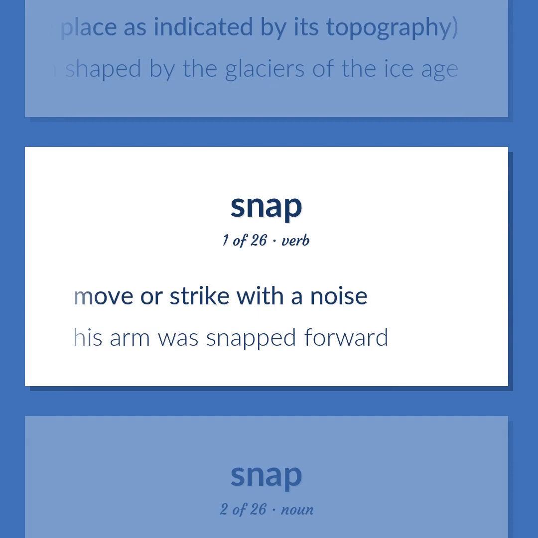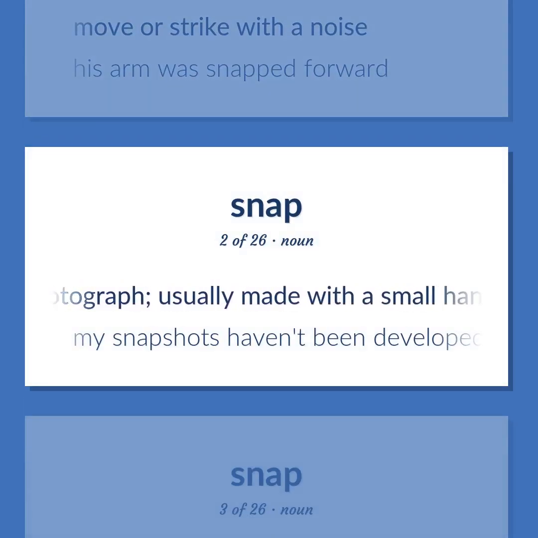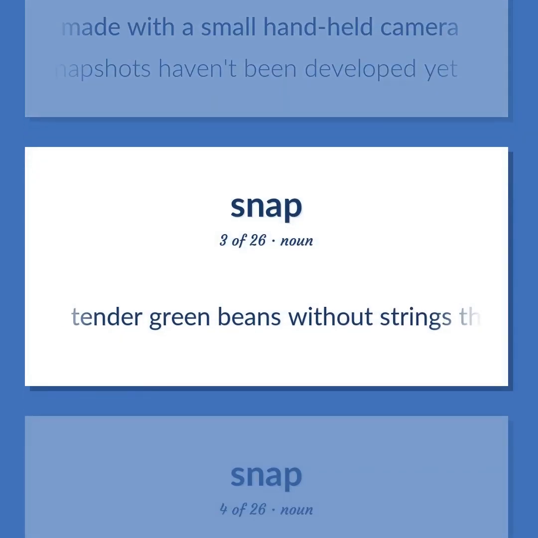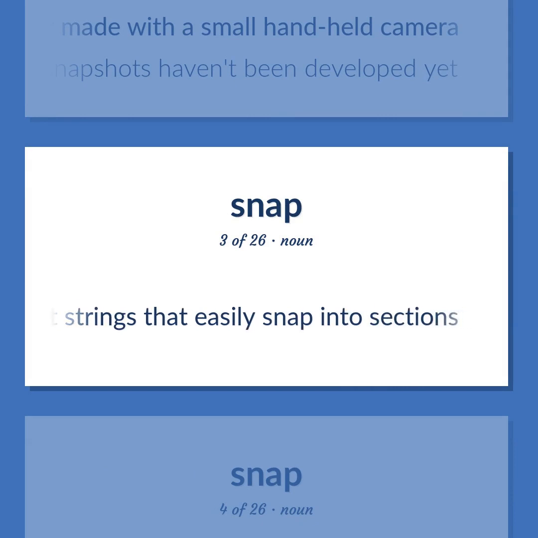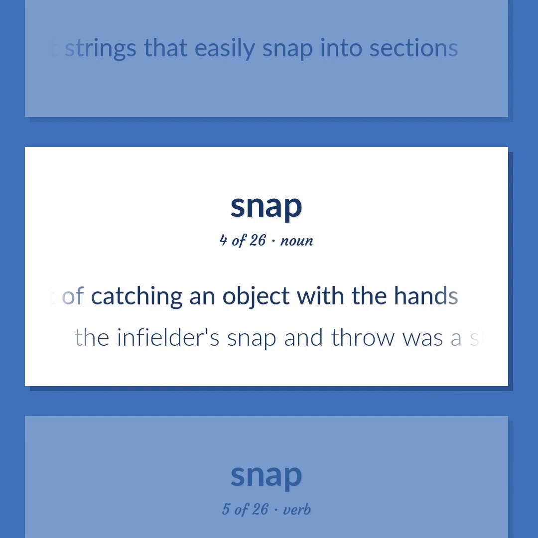Move or strike with a noise. His arm was snapped forward. An informal photograph, usually made with a small handheld camera. My snapshots haven't been developed yet. Tender green beans without strings that easily snap into sections. The act of catching an object with the hands.